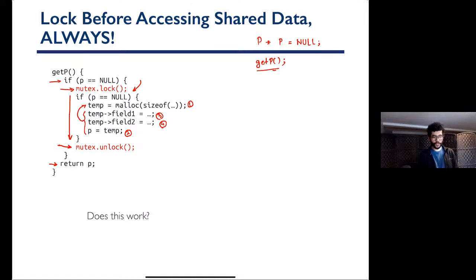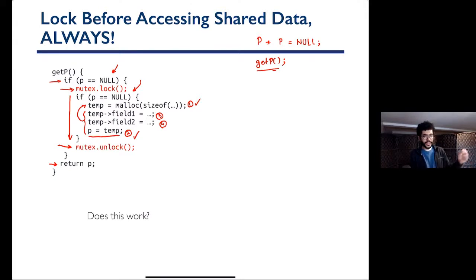Now let's assume that you run this one first, you run this one second, and then you get interrupted. Now we go to thread 2, which is going to call get p. At this point, p is indeed initialized, because we actually set p to temp, so p is no longer null.